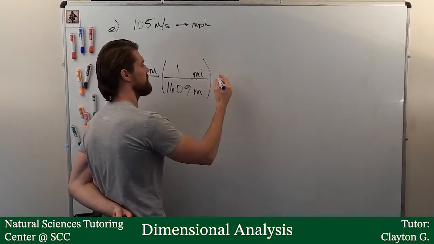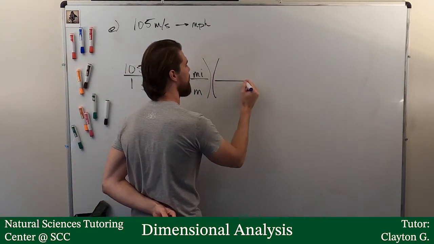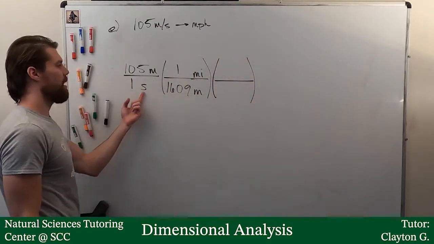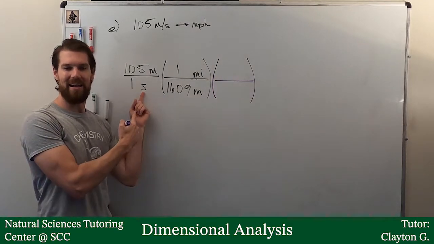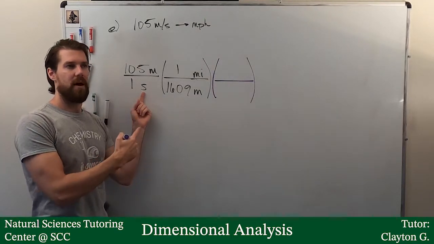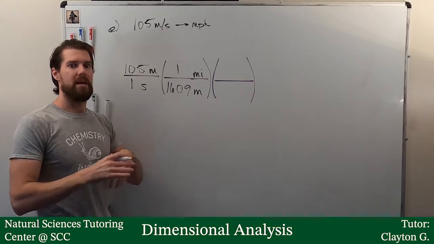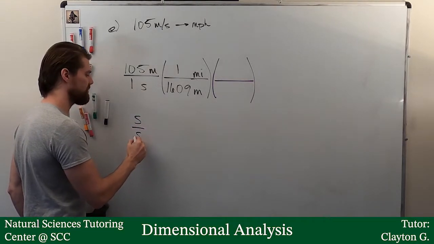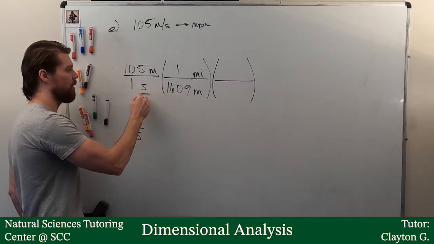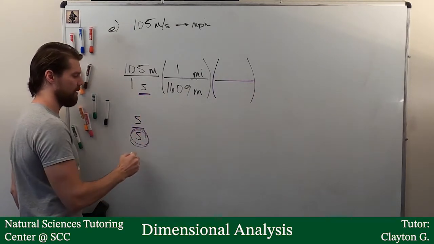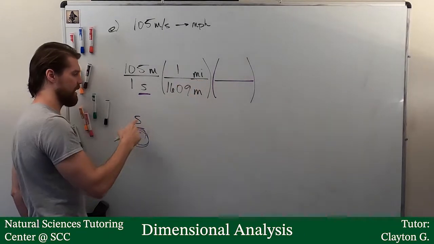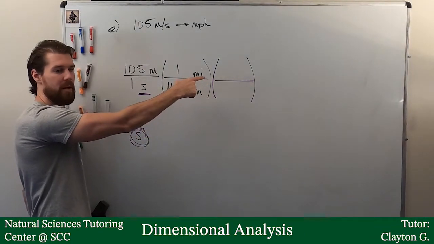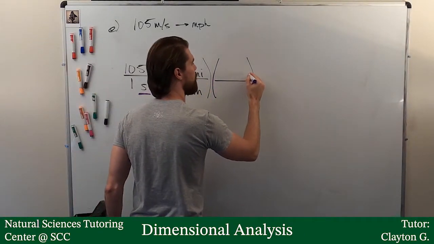Now let's take care of our seconds. Here, I have seconds already on the bottom. I'm already dividing by seconds. If I want to make this equal 1, I need to have seconds over seconds. Well, this one is right here already. So the seconds I use later in my equation has to be on top.